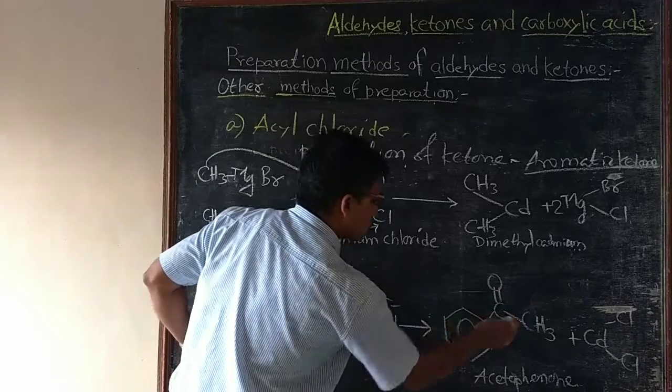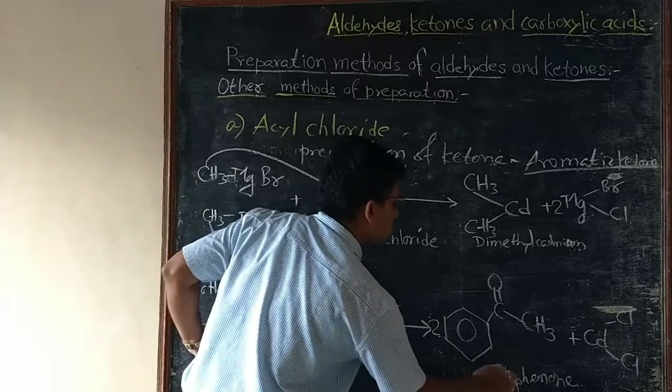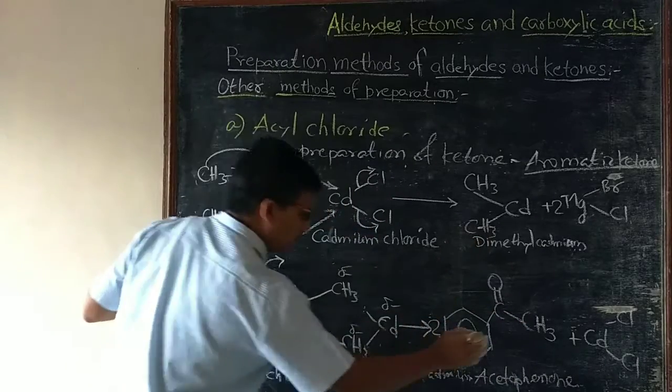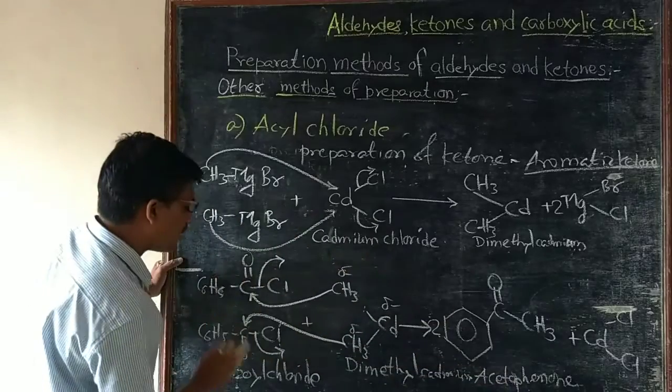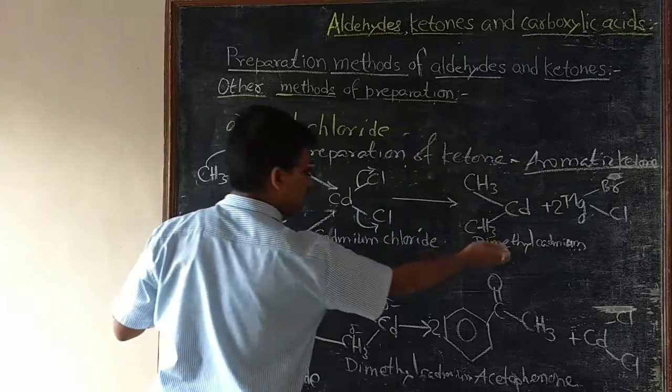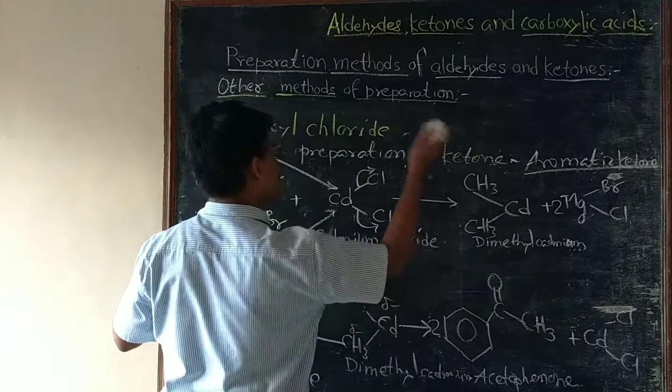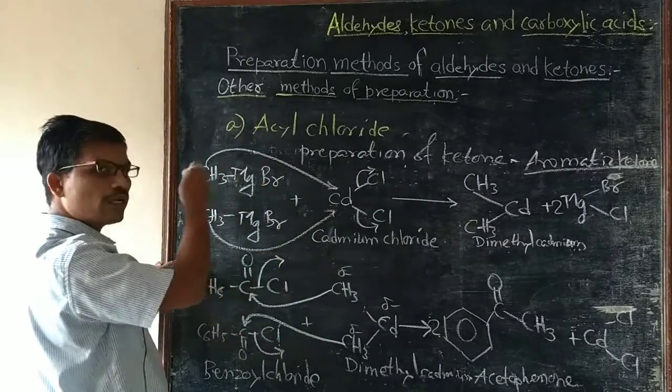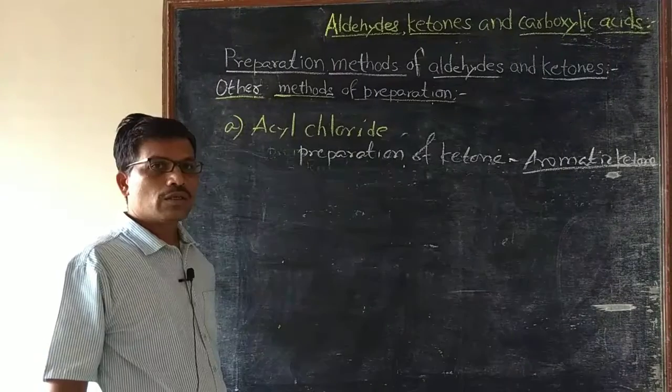That is, there are two molecules of acetophenone. In this way, acetophenone is prepared from benzoyl chloride by reaction with dimethyl cadmium, and this dimethyl cadmium is prepared from cadmium chloride by reaction with Grignard's reagent.